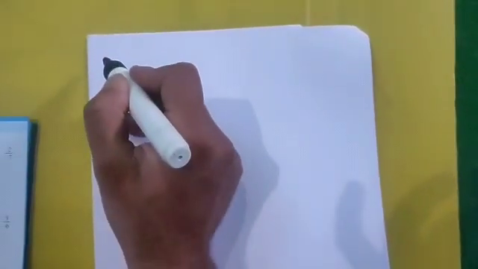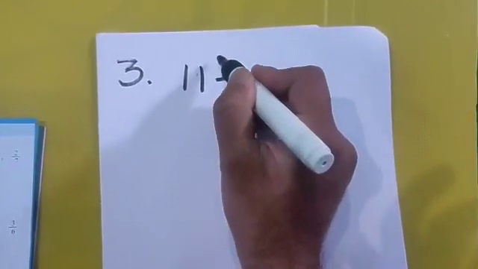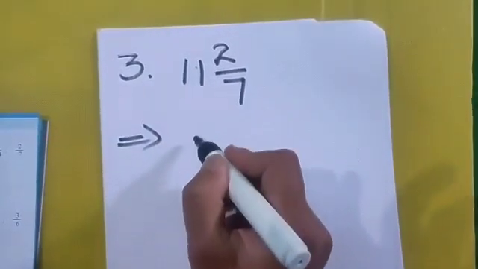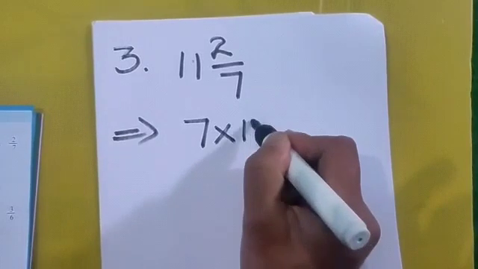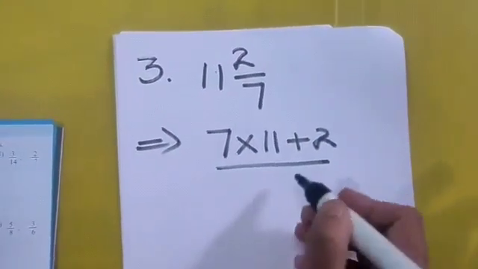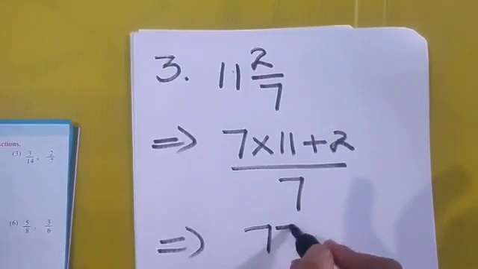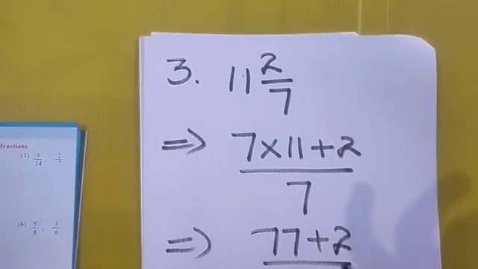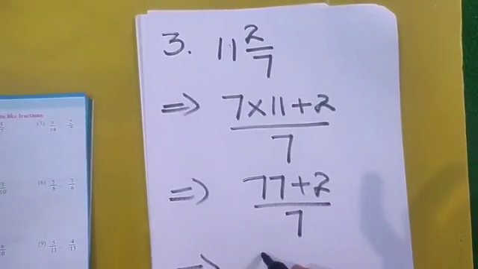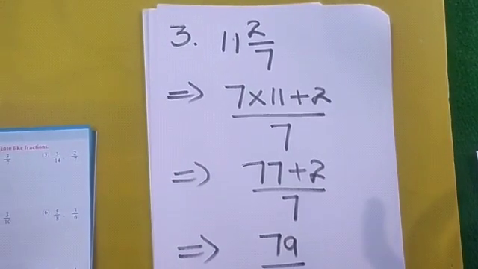The next part is 11 whole 2 upon 7. Here we will multiply 7 with 11 and add the remainder, and denominator is 7. 7 times 11 is 77, added 2, denominator is 7. 77 added 2 is 79 and denominator is 7.